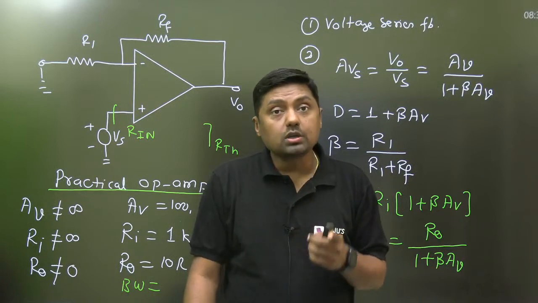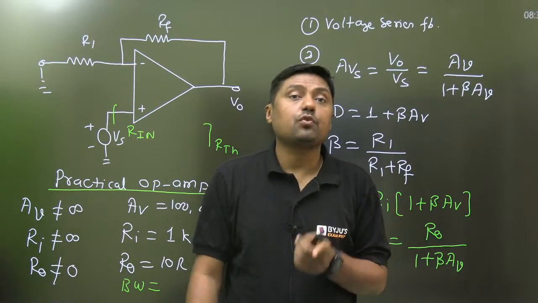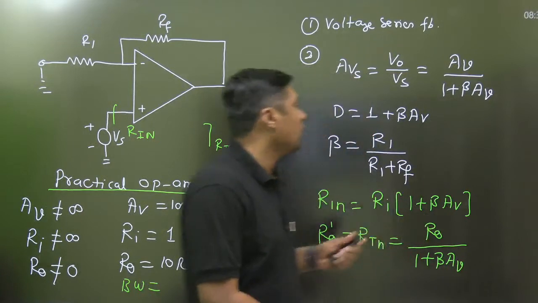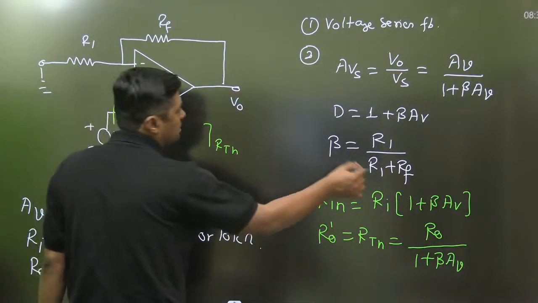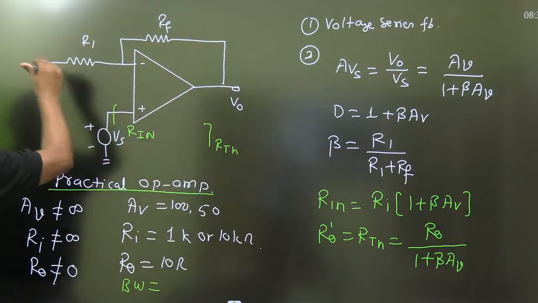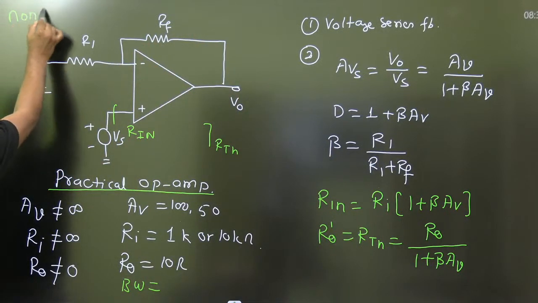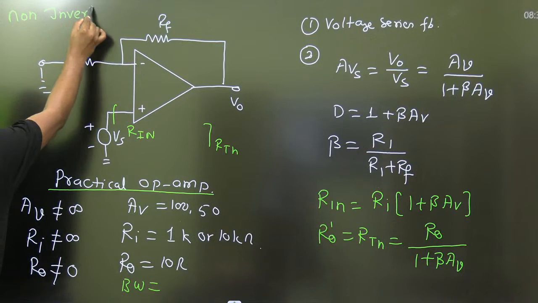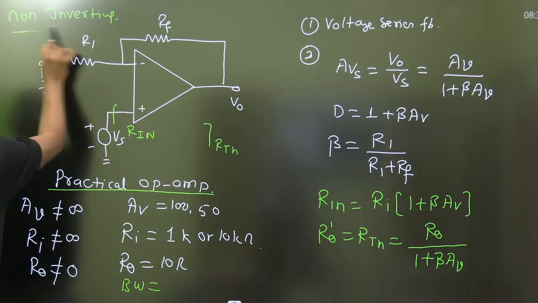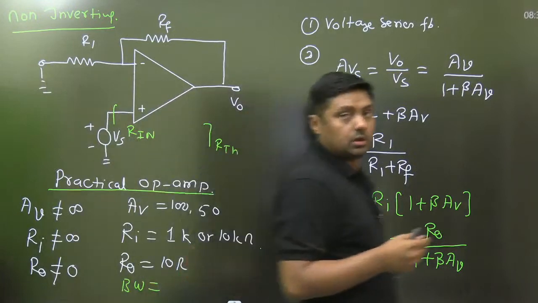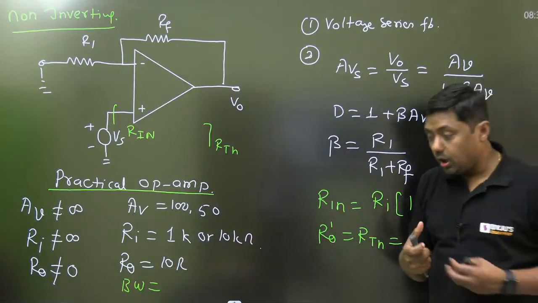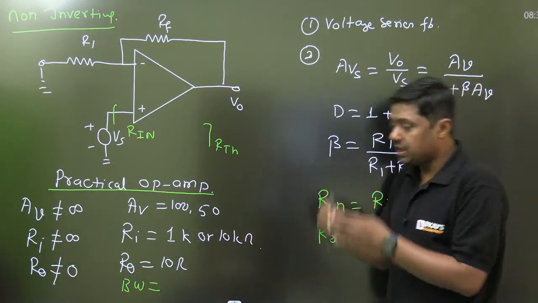That is written here: R1 upon R1 plus RF. This is for all the values of the non-inverting op-amp. Here we are discussing the non-inverting op-amp and the voltage follower. Now, the voltage follower is a special case of what?